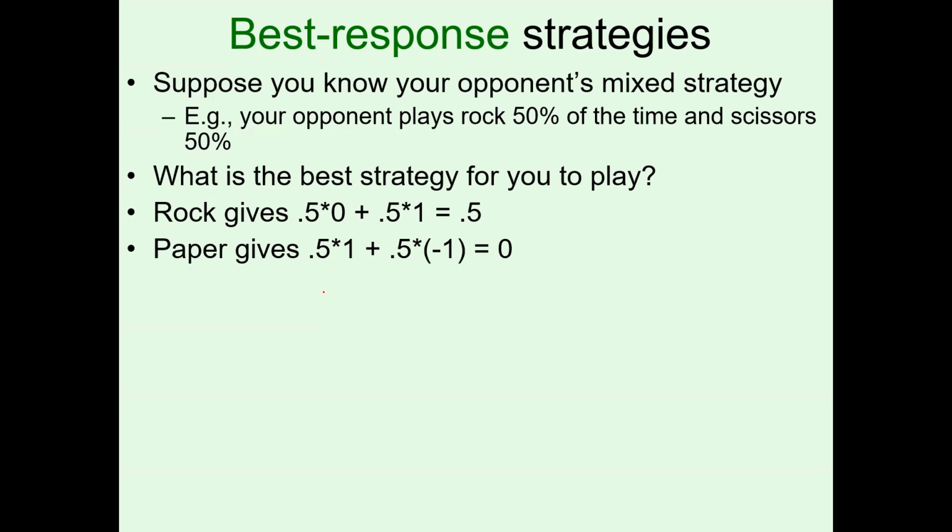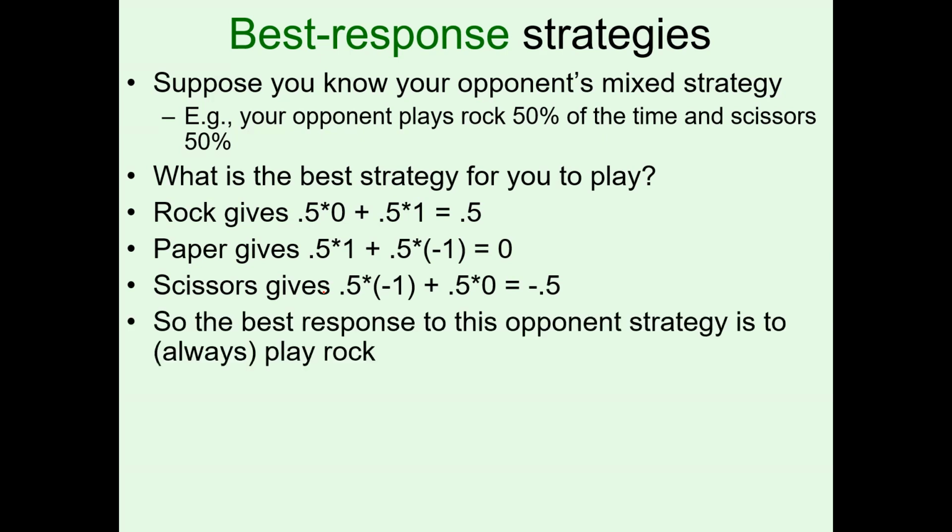Paper gives 0 and scissors gives negative 0.5. So the best response to your opponent's strategy is to always play rock. Because if you play rock, you still have an expected 0.5.